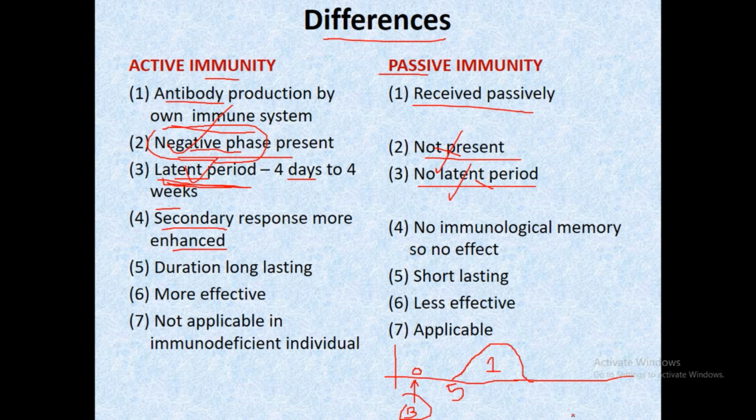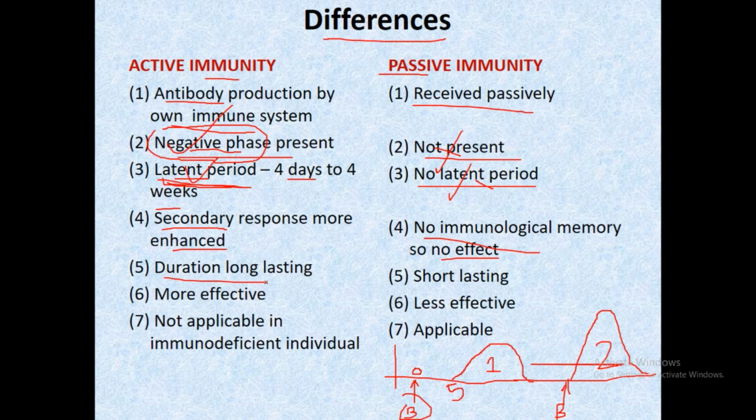When the same bacteria attack a second time inside our body, memory cells in our blood immediately respond to that bacteria and kill them directly. This response is known as the secondary response. In passive immunity, there is no immunological memory, so no such effect.